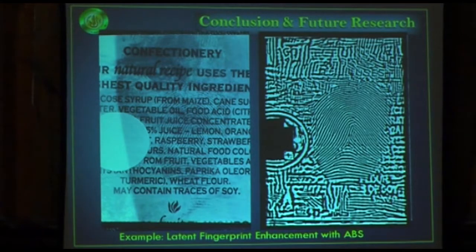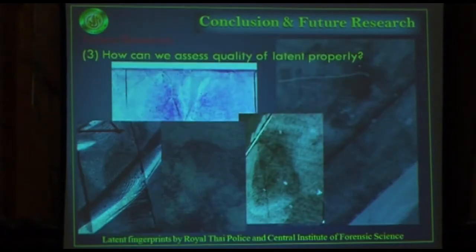Actually, for the ABS you have to read the paper, but the idea is that everything is in the fingerprint, so they make it fingerprint rich. Okay, then for future research: how can we assess the quality of the latent properly?